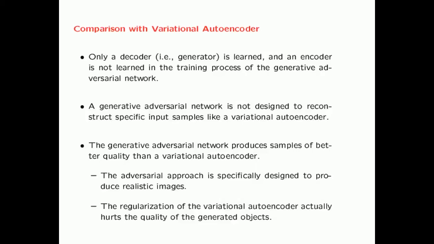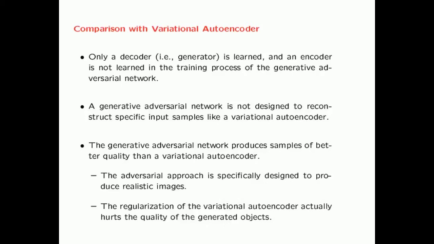The other difference between a generative adversarial network and a variational autoencoder is that, from the perspective of just generating samples, the generative adversarial network generally produces samples of better quality. The reason for this is that the adversarial approach, trying to always fool the discriminator, is specifically designed to produce realistic images. On the other hand, the regularization of the variational autoencoder actually hurts the quality of generated objects.